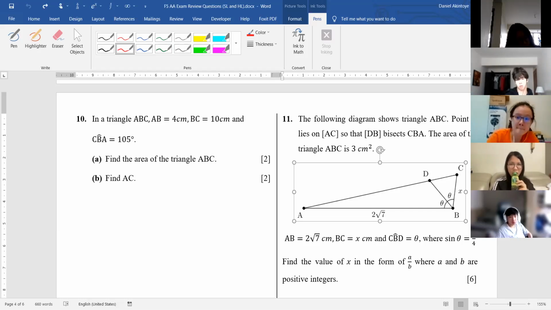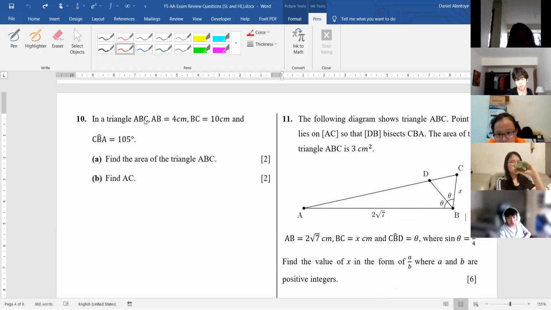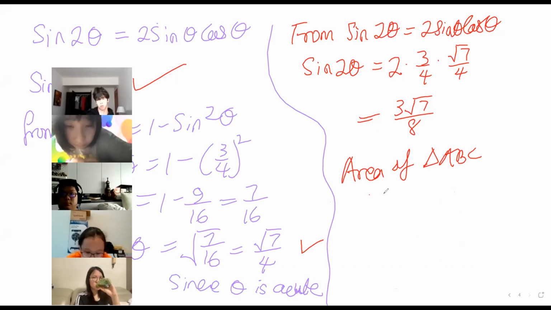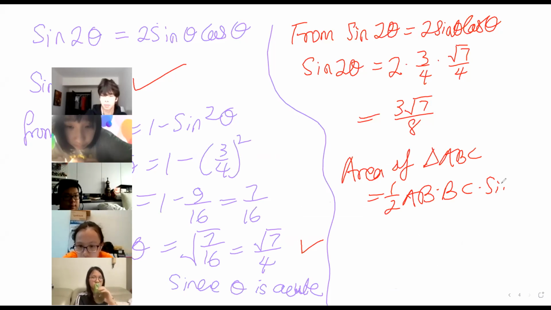It's frustrating. Area of this triangle will be half of this side times this side times sine of the angle between them. So that's half AB times BC sine 2 theta. And the area is said to be 3. So we have half AB BC sine 2 theta, and the area itself is 3.